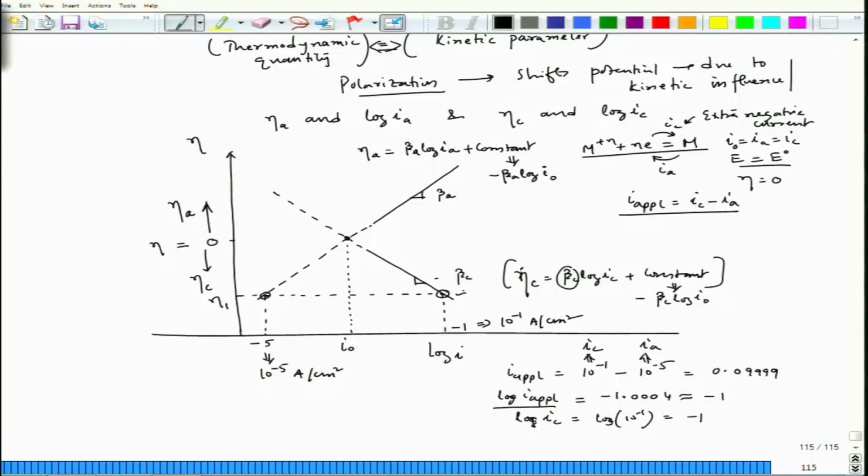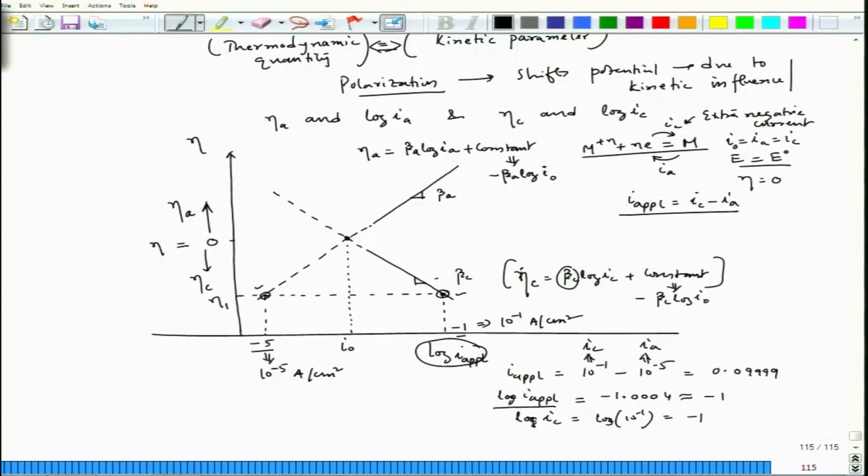So, this point should indicate I C and this one should indicate I A, and here I am putting minus 5 and minus 1 because we are taking a log axis. So, we could see that log I applied is also falling on the same point as I C.